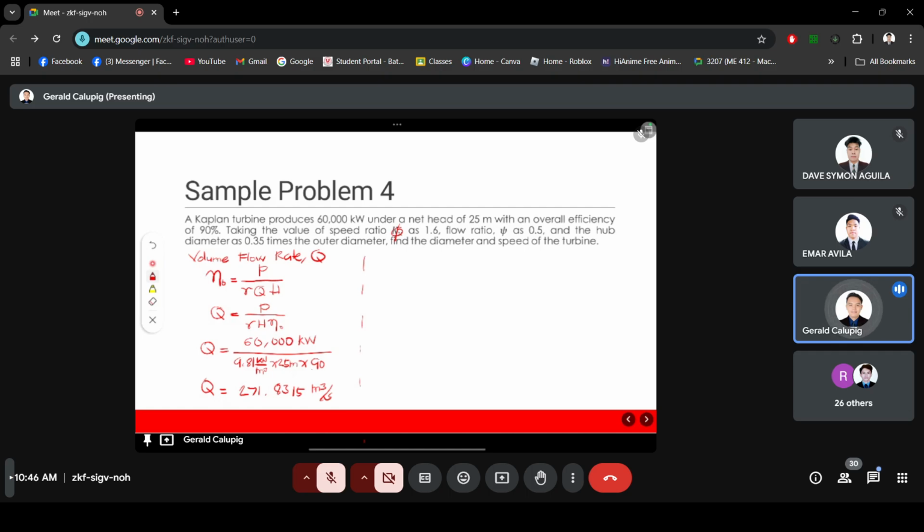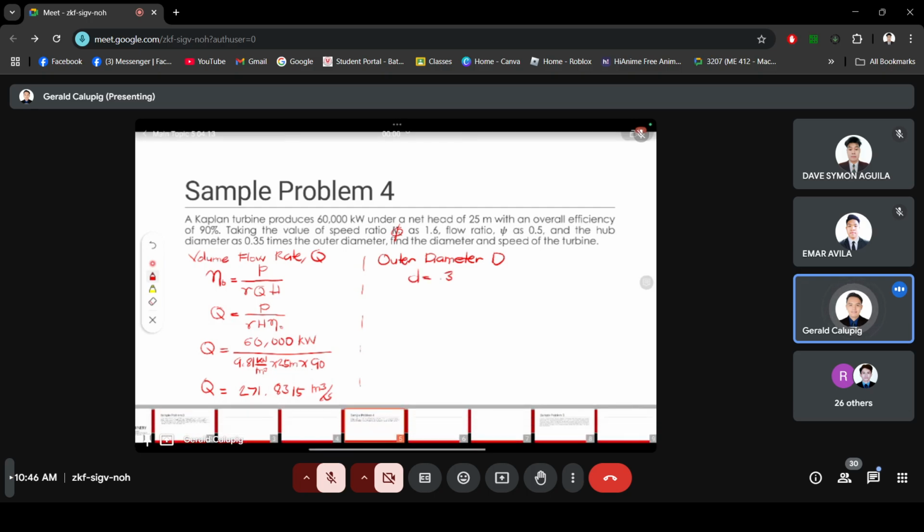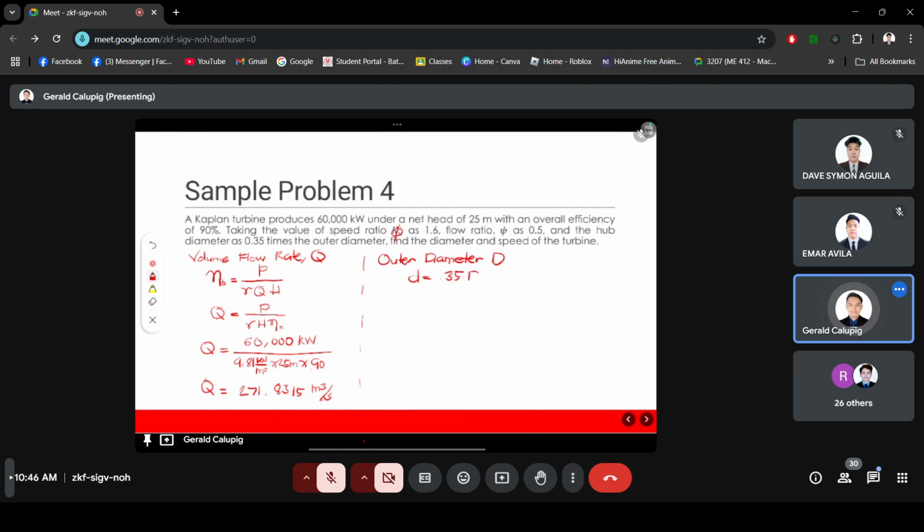So for the outer diameter, the hub diameter is equal to 0.35 of the outer diameter.